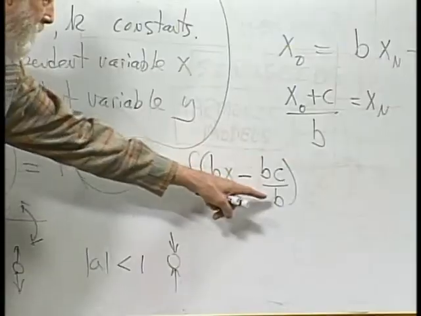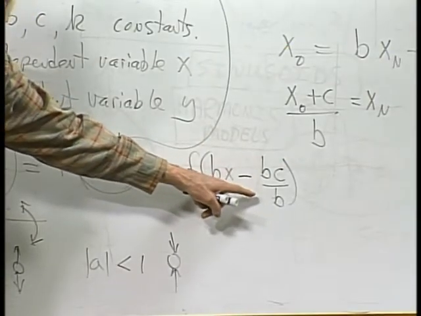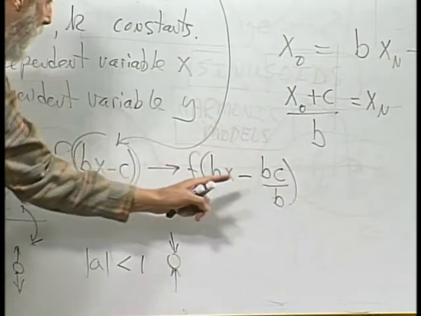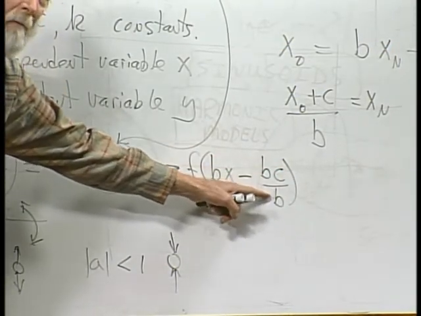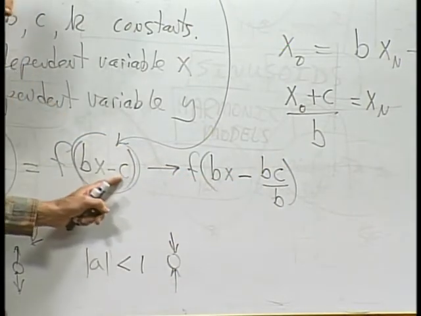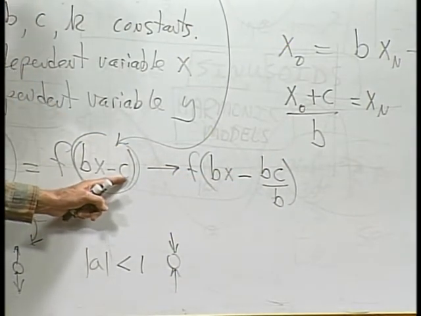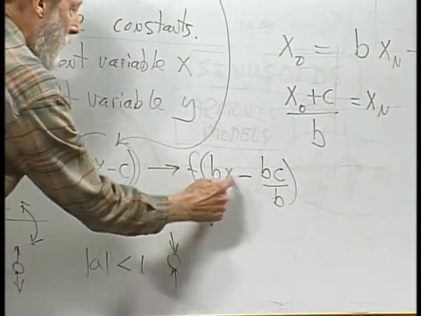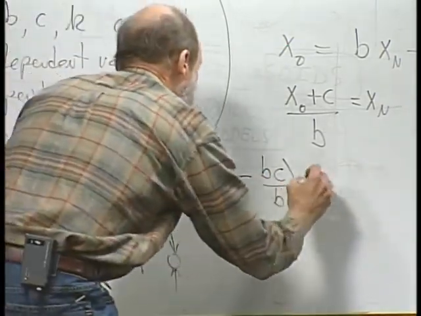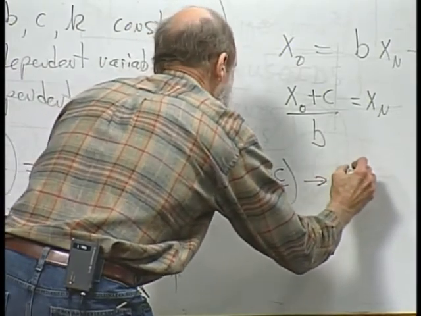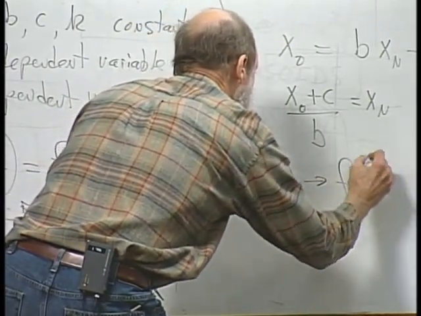Can't I do that algebraically? Introduce a factor b here and here, which essentially is just a multiplier of 1 on c. And if I grab hold of this b right here and factor it inside there, that's going to take us to this.